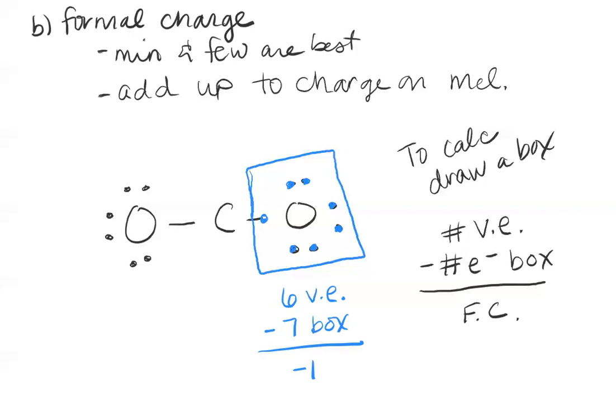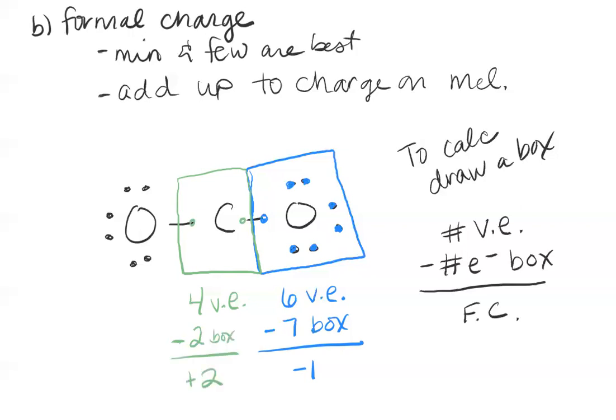Okay, next I want to look at my carbon. So I'm going to draw, this time a green box, around my carbon. And carbon has 4 valence electrons. And I subtract the number of electrons in the box. So 1, 2 from that bond. Okay, so 4 minus 2 gives me a +2.